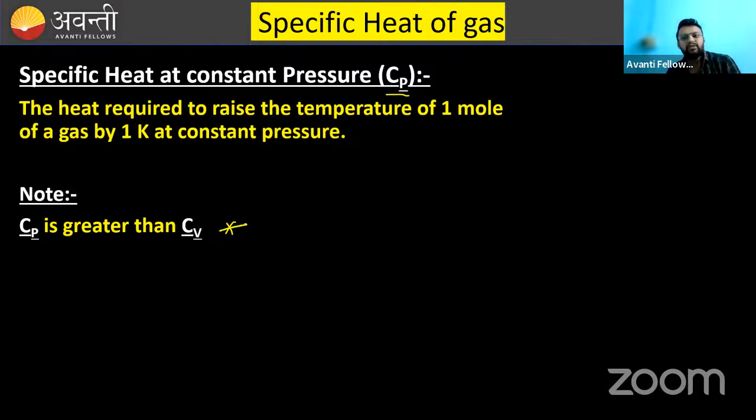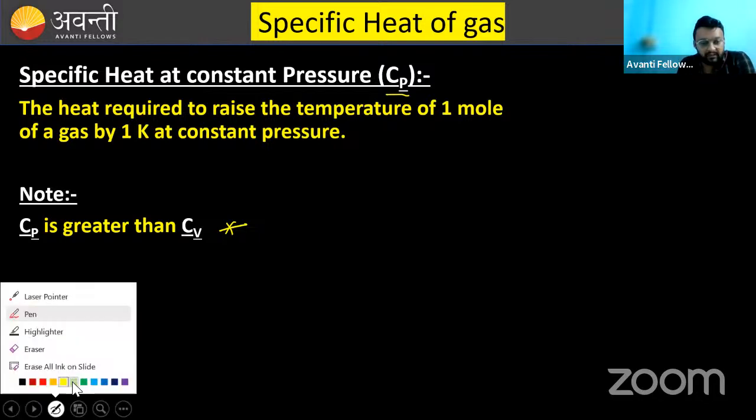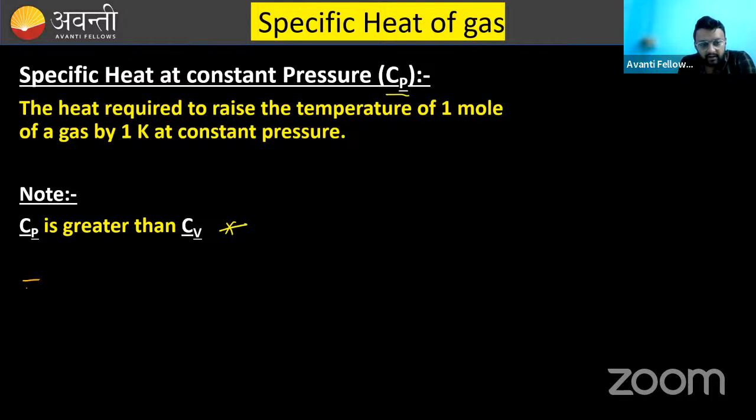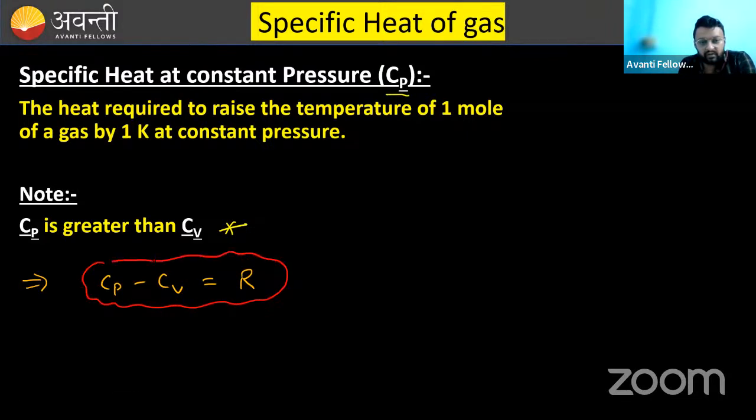And the difference between these two, Cp minus Cv, is equal to R. This is again a golden equation, and it is called Mayer's formula.